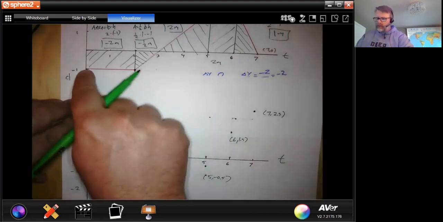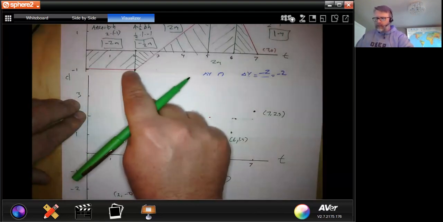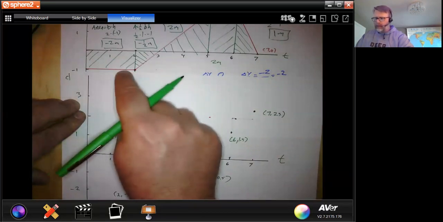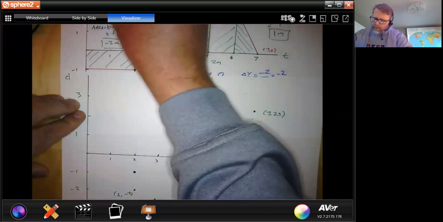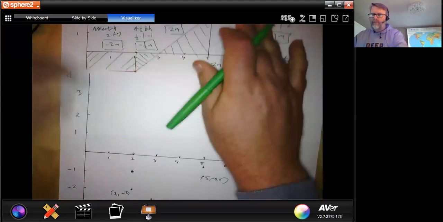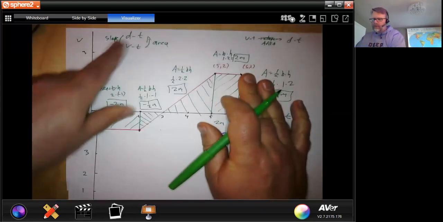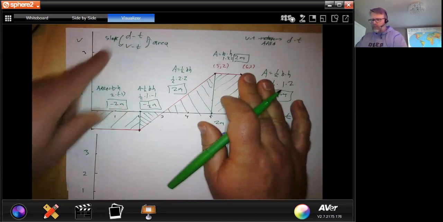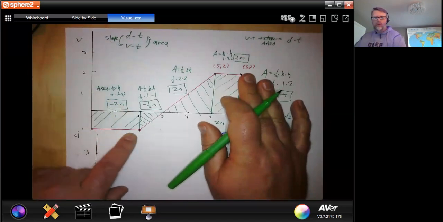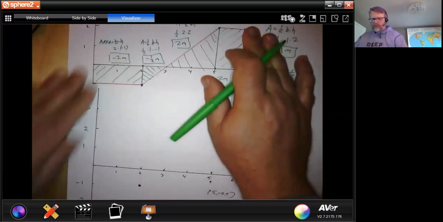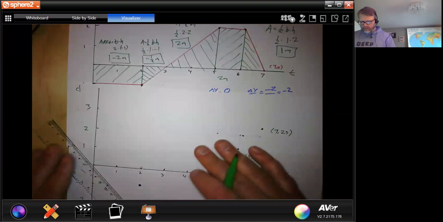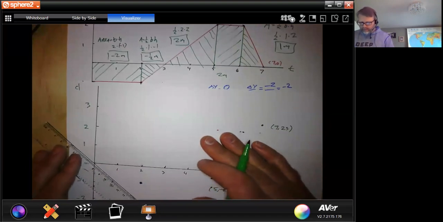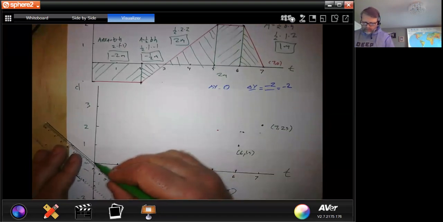So this was a constant -1, -1, -1, -1, which means that if going from here to here is slope, this has the same slope. An object that has the same slope is called a line. So this is going to be a line from here to here.